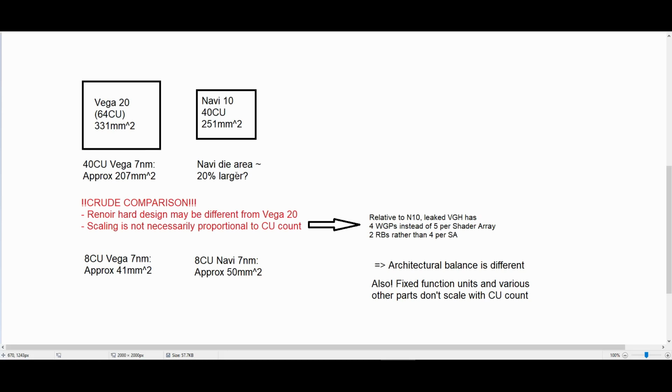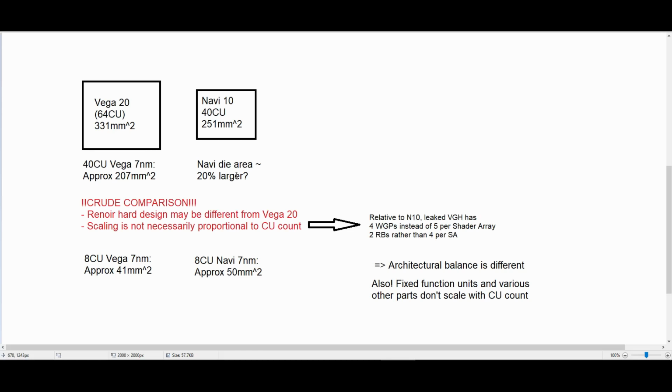So as we talked about earlier, the shader array config is only a single shader array per shader engine. This changes some of the balance. We also have only 4 work group processors, so that's the dual CUs essentially per shader array instead of 5. The render backends are 2 rather than 4, so all the scaling just sort of changed. The architectural balances are just different.